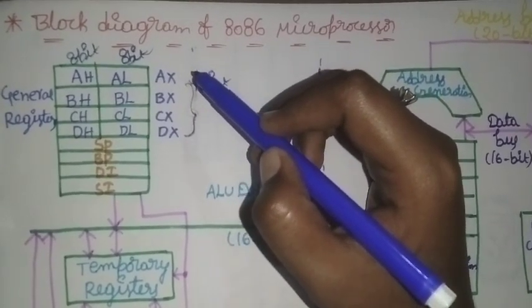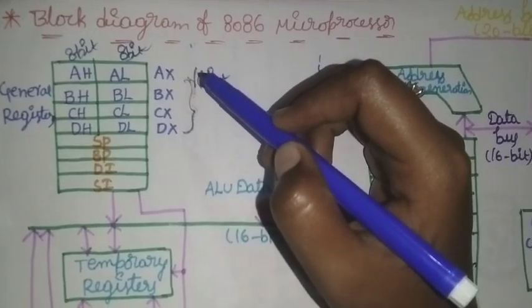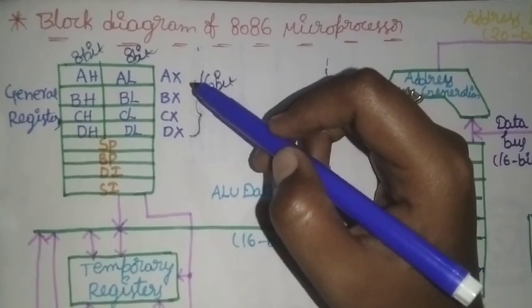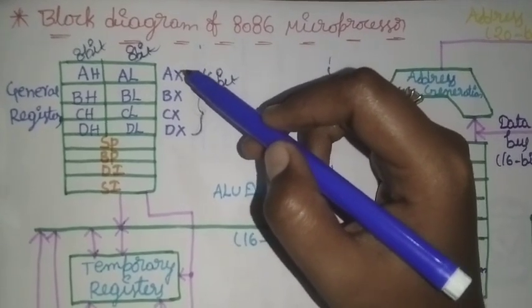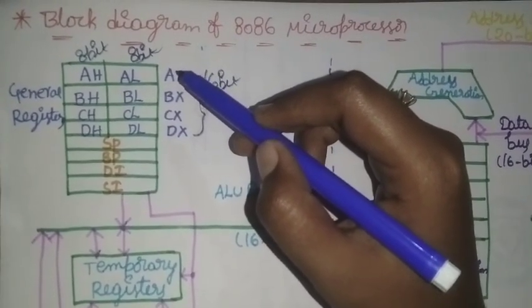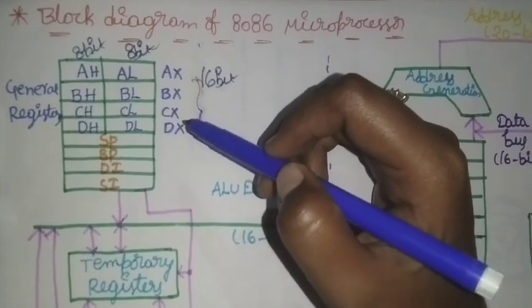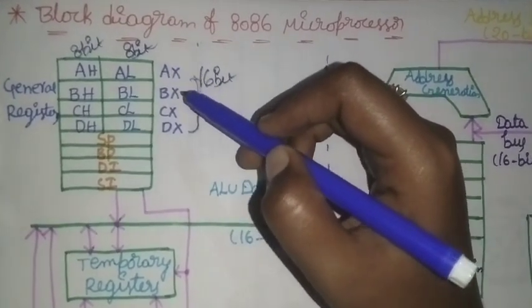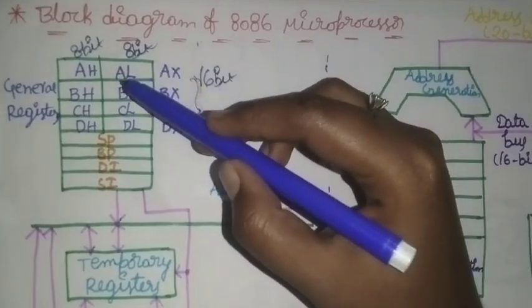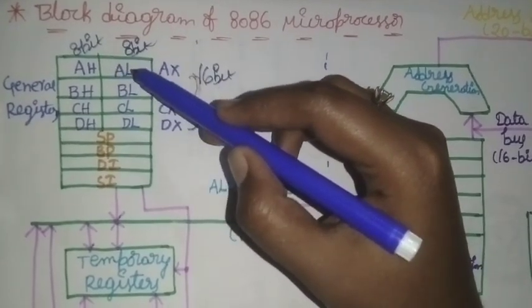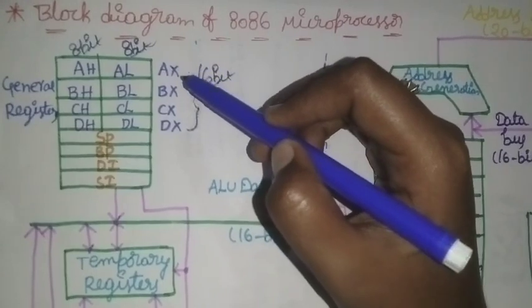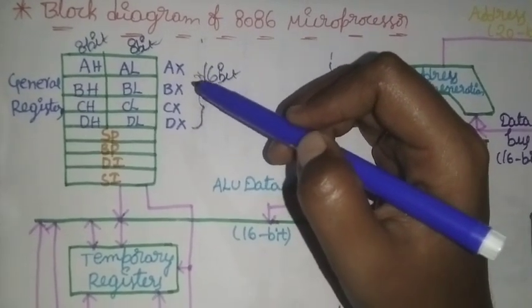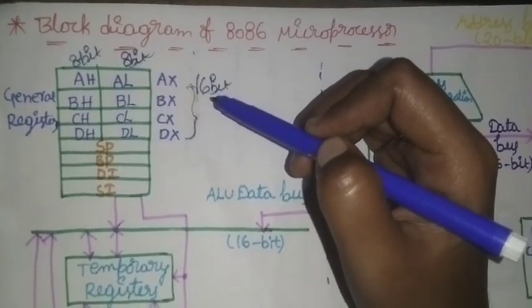First of all, the 8086 microprocessor contains registers. Registers are used to store data. It contains 4 general purpose registers and 4 special purpose registers. AX, BX, CX, DX are called general purpose registers, which are 16-bit registers.